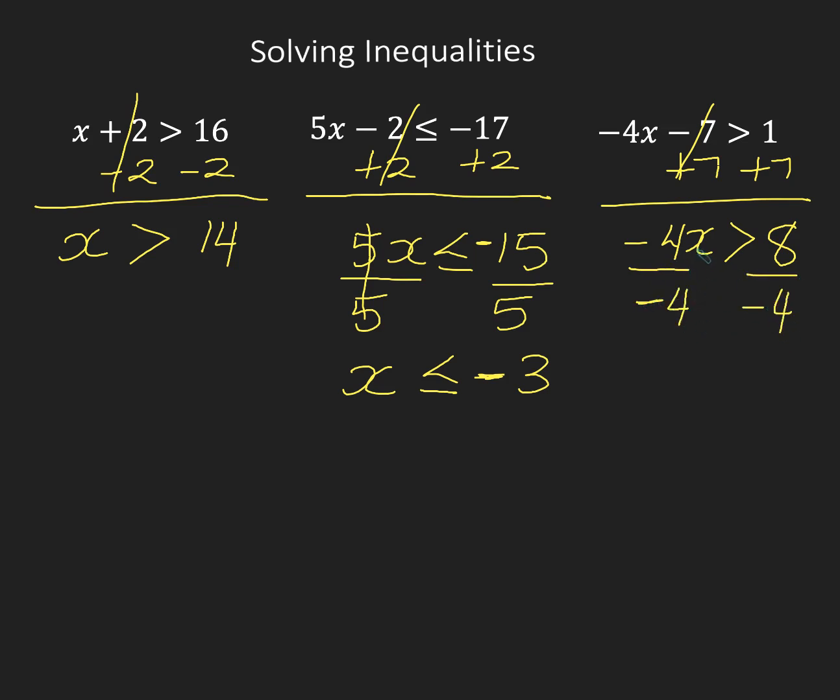Because I'm dividing my variable by a negative integer, my inequality sign will have to change direction. It's not going to be greater than anymore. It's going to become less than. The negative 4's cancel and I have x. And again, 8 divided by negative 4 is negative 2.